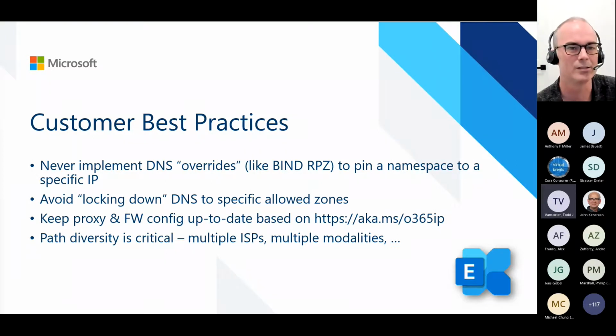You could do this with something like the BIND DNS resolver within your own infrastructure, where you can define something called an RPZ, response policy zone, that says, if I see a request for a given name, this is the IP address that I should use, as opposed to going out to Microsoft and saying, hey, Microsoft, translate that name for me to the real answer.